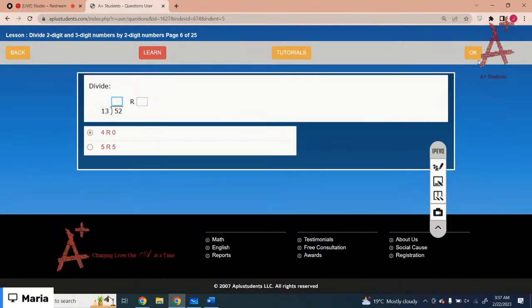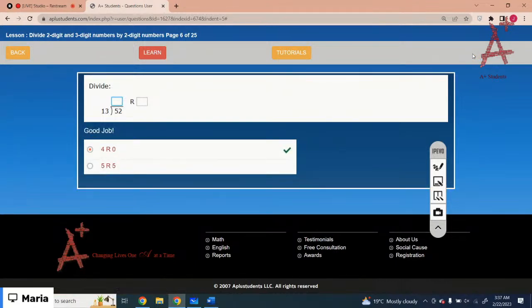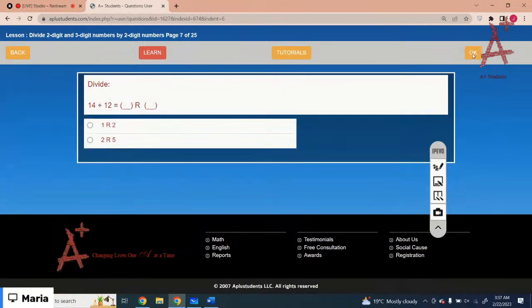Okay, the next one is, I think I forgot to click on the OK button. Okay, the next one is 14 divided by 12. So which is the correct option? 12 times 1 is 12 and you have a remainder 2. Got it? So 1 remainder 2 is the correct option.